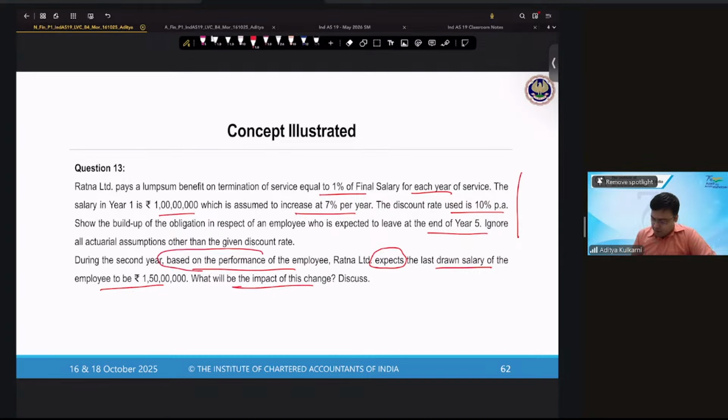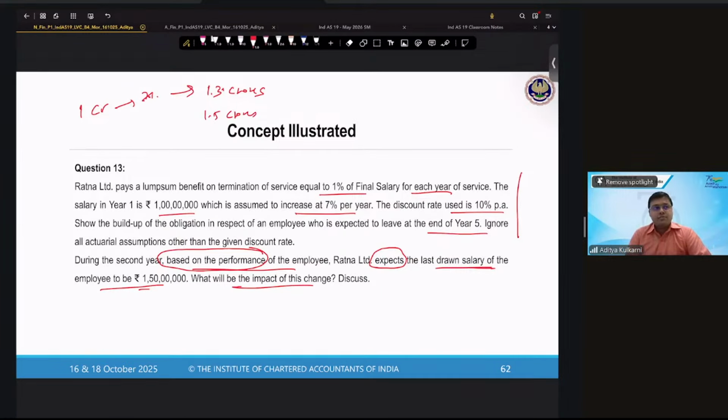Based on performance, the company expects last drawn salary to be 1.5 crore. What did they think earlier? It would be 1 crore with 7% increase. But now they are thinking it will be 1.5. What does that mean? That means employees are performing very well, because 1 crore at 7% at the end of 5 years would be some 1.31 crores, but now they expect it to be 1.5 crores.